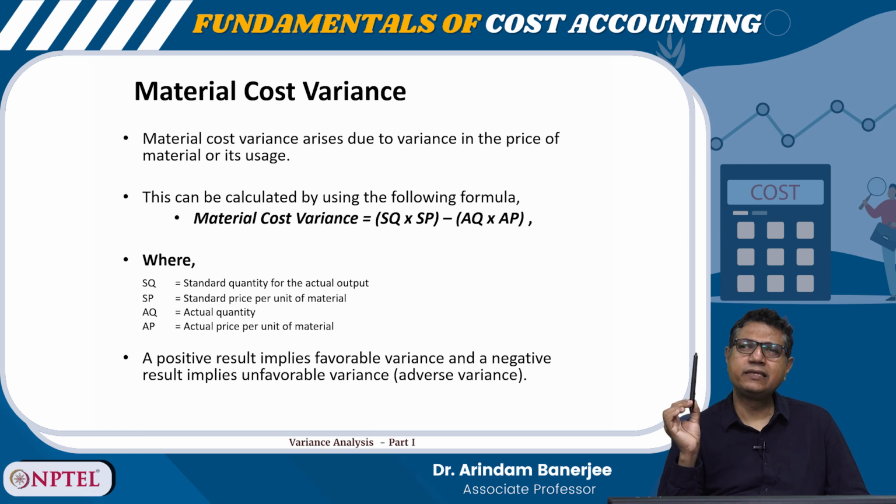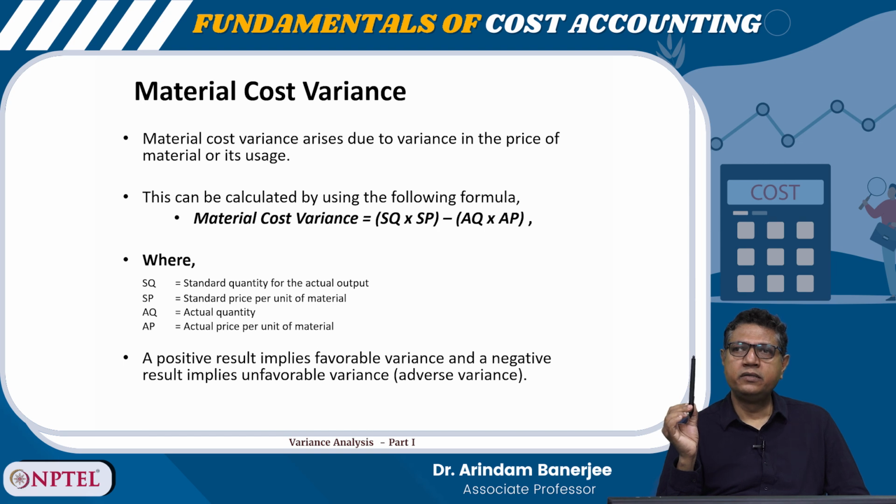This price can increase because of several reasons: demand supply gap, political reasons, economic reasons, etc. But somehow it became higher, it becomes 60 rupees. So my actual price is different from standard price. My standard price was 50 rupees per 100 gram, actual price is 60 rupees per 100 gram.